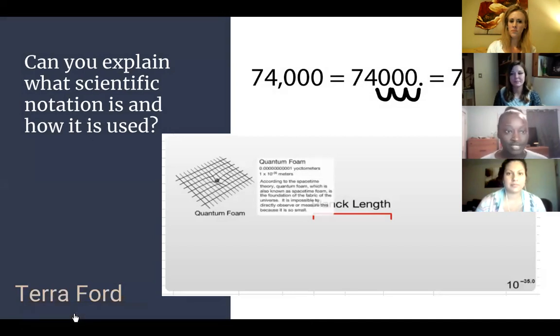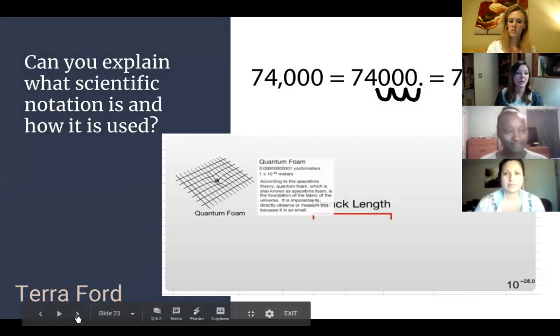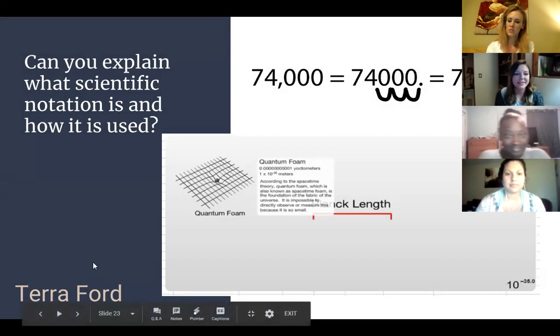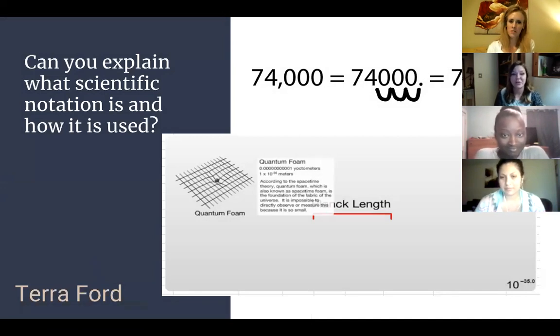Terra, can you explain that scientific notation? Oh, I'm sorry. Can you explain what scientific notation is and how it is used? Scientific notation is a way to abbreviate very large and very small numbers. Instead of writing out the number, you can move the decimal until you have a number between 1 and 10.